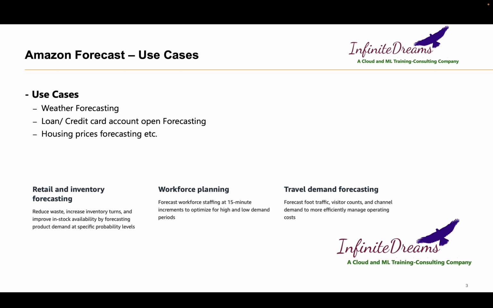They want to forecast what workforce is needed. Sometimes in festival seasons you may need more workforce, and sometimes you may not need a high workforce. Another use case in the retail store may be travel demand forecasting, which forecasts how many customers will visit the store at a particular time. So there could be numerous use cases for forecasting.